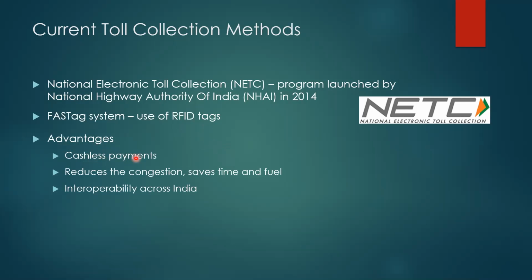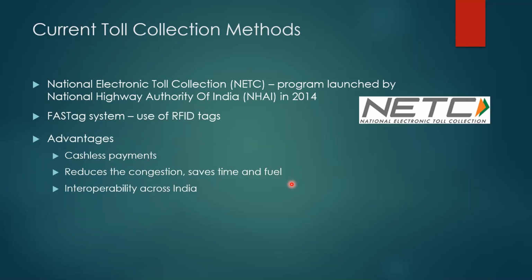In the back end of this system, the customer has linked his bank account to the FASTag system. So whenever the vehicle is passing through the toll, automatically the RFID is detected and a certain amount is deducted from the bank account of the customer. So this promotes cashless payments, and further it reduces the congestion and saves time and fuel.